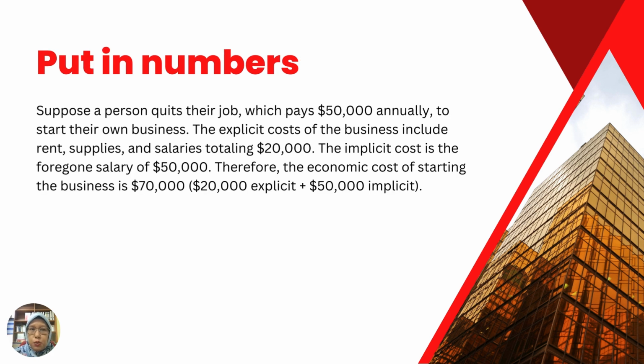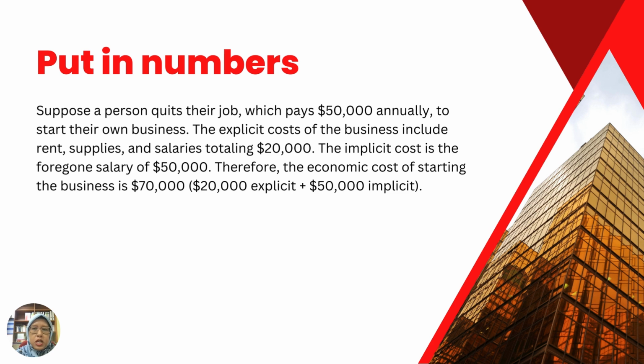So now let's put it in numbers. Let's do a little thought experiment together. Imagine this. You have been working at a job that pays you 50,000 a year. It's a steady gig, but you have got a burning passion to start your own business. So you take the plunge and quit your job to follow your dream. Now, let's break down the cost.